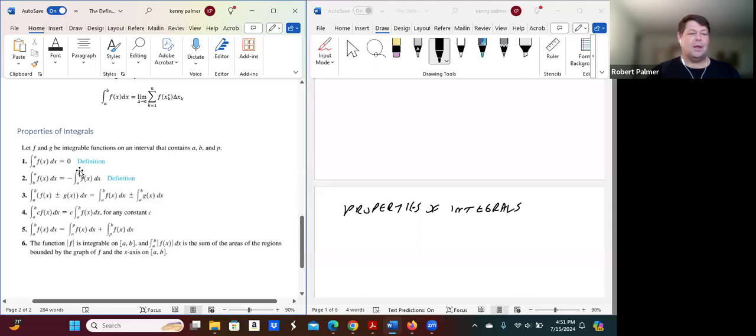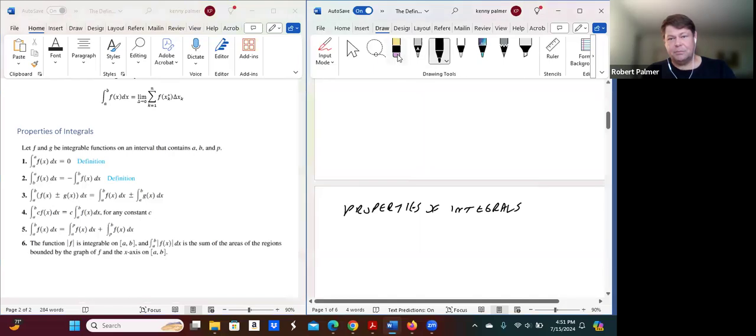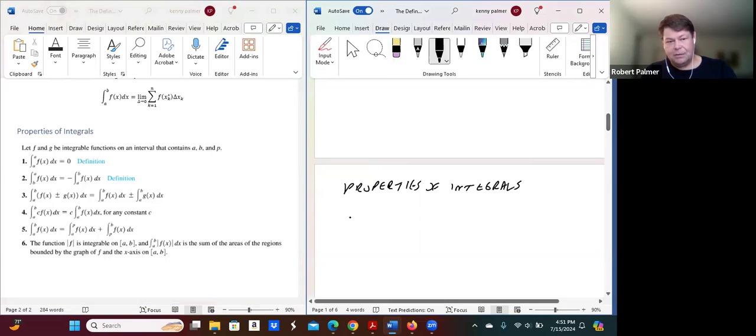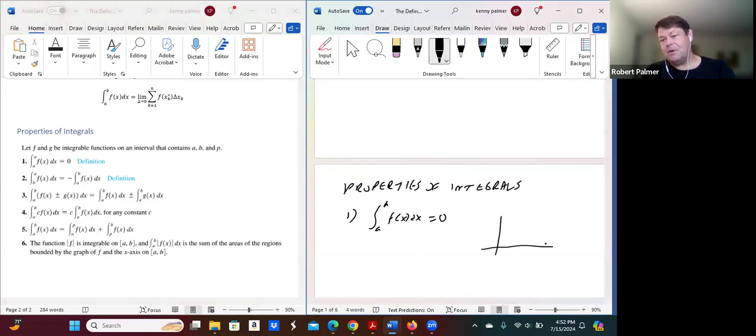Okay. Now the first one, we'll illustrate some of these. The first one says that if you take the integral from a to a of f of x dx, it is equal to 0. Hopefully that makes sense. Let's graph this. So we have some function f of x.